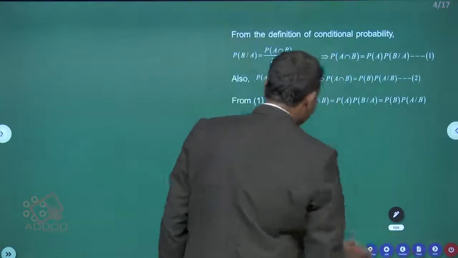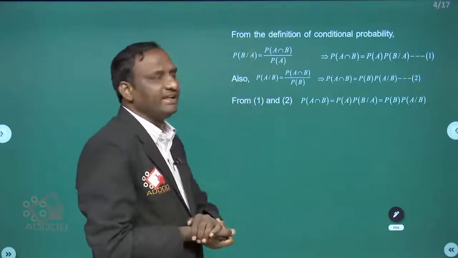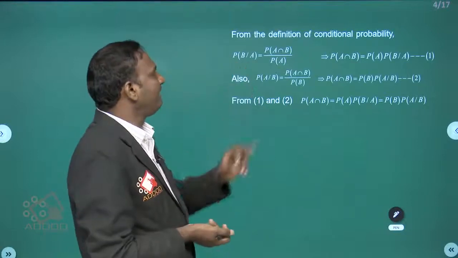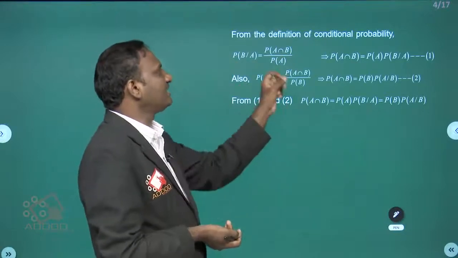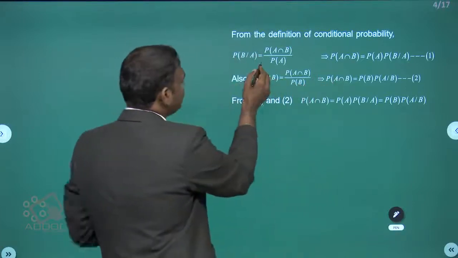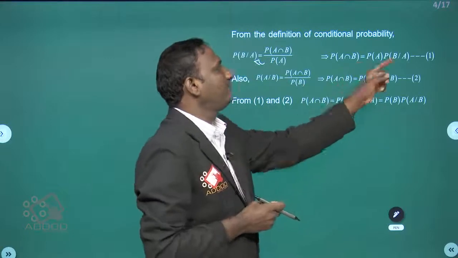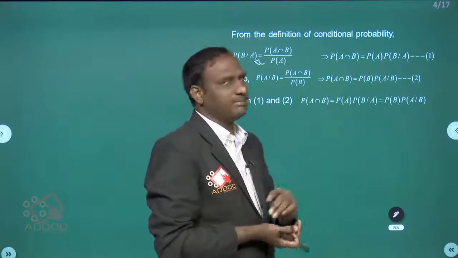Let A and B be two events of a random experiment with P of A greater than 0 and P of B greater than 0. From the conditional probability definition, P of B given A is P of A intersection B by P of A. Cross multiplying the denominator, P of A intersection B is equal to P of A into P of B given A. That is condition number 1.